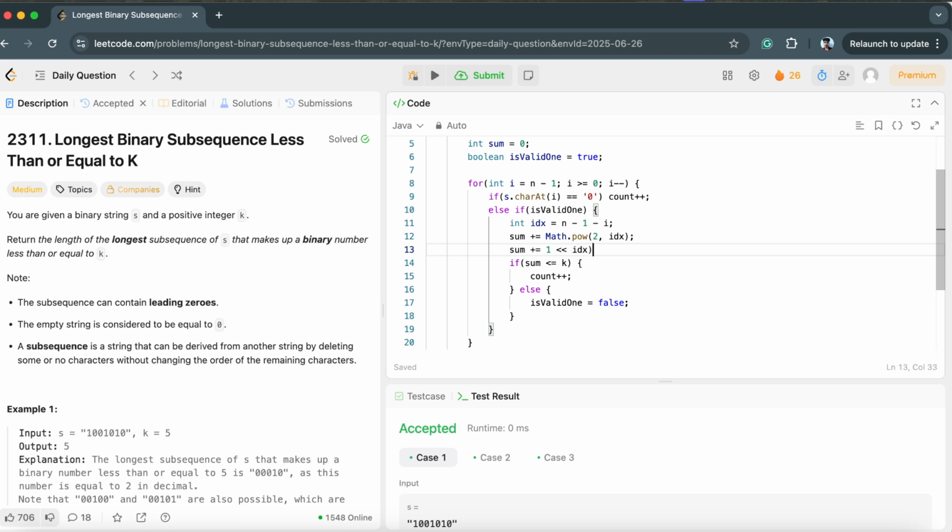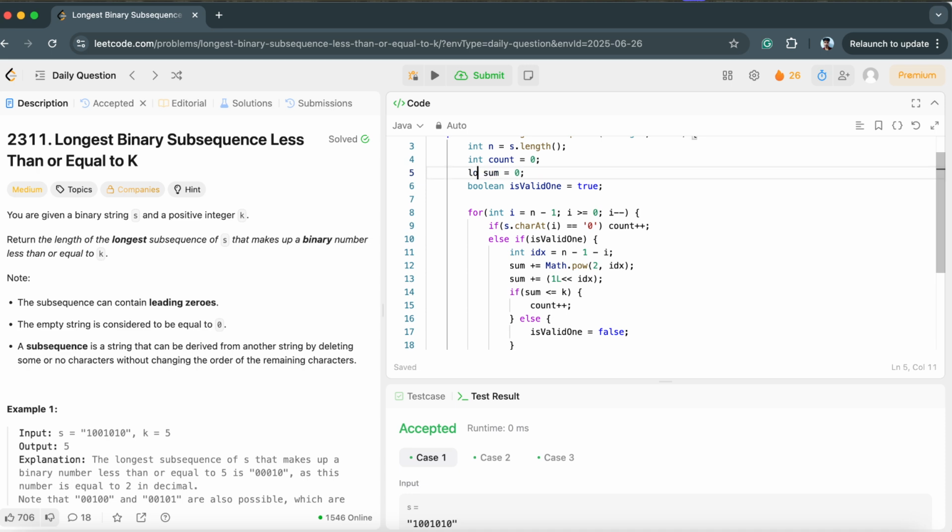That way also it could have worked. But the problem here is the moment the index goes out of bound. At max we can consider only the 30th index, 31st index. If we go beyond that, this will go negative. So to avoid that condition, we have to consider this into a long variable. So whatever the sum that I'm getting, I will be considering it as a long.